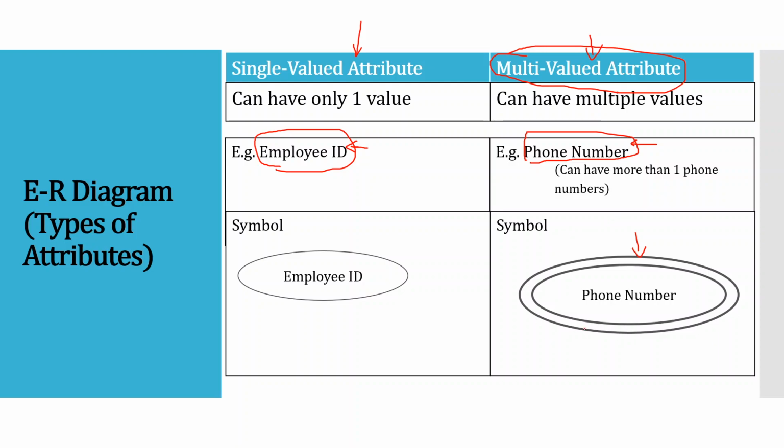Two ovals means more than one value, that is multi-valued attribute. So single valued has a single oval, multi-valued attribute has two ovals. Even if you have 3, 4, 5, 6, more than 10 values, you will symbolize it as two ovals only, a small oval followed by a large oval. So this is the symbol of multi-valued attribute.